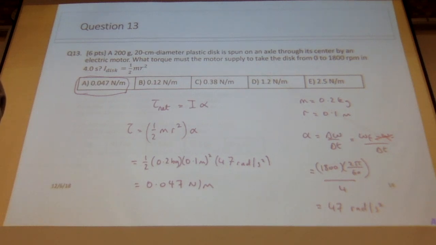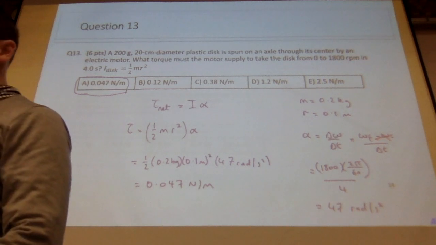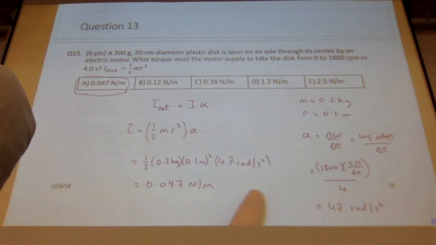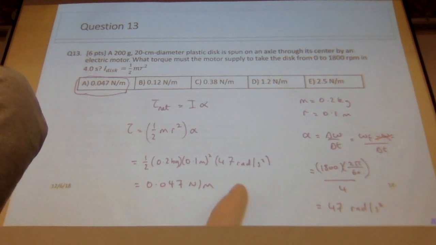If you're starting at some amount of revolutions per second, you're using it not in this equation but in a different equation. The SI unit of alpha is rads per second squared.